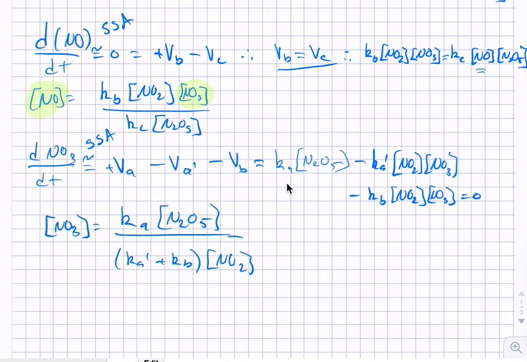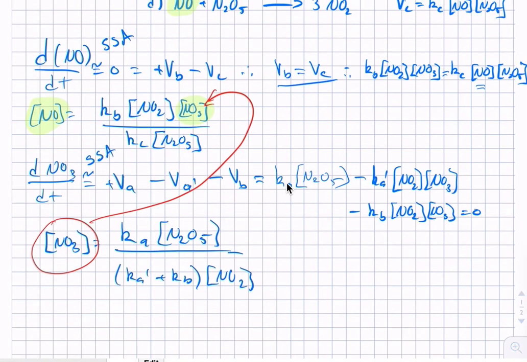So in this case, we can take the concentration of NO2 and bring it up and put it into this equation and remove the NO3 variable from the NO equation.